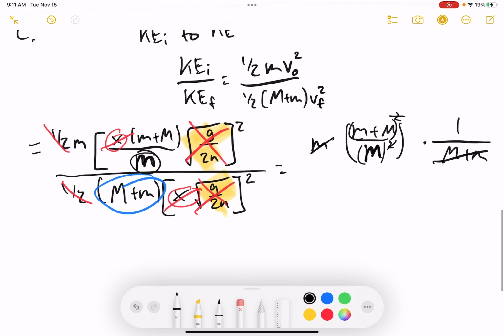The only thing we are left with is m plus capital M divided by lowercase m. And so that would be our final answer for part C. It simplifies out significantly, and so I just have lowercase m plus capital M divided by lowercase m.